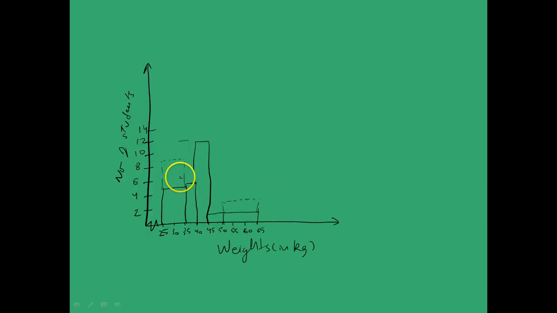The problem with this would be that the height here is 9 and the width is 10, so this would be exactly 90. And in this case, the frequency is 5 and the width is 5, so that is 25. And in this case, this is 5 into 12, which is 60.